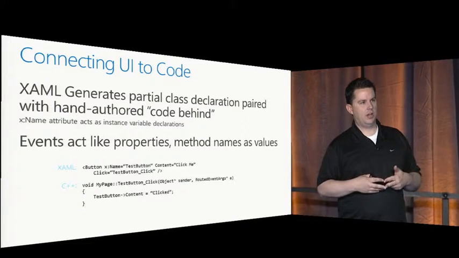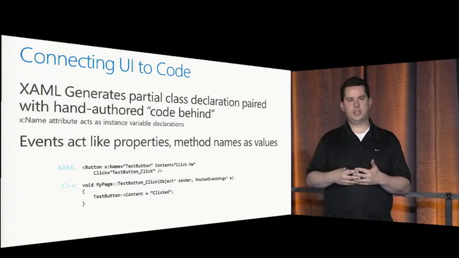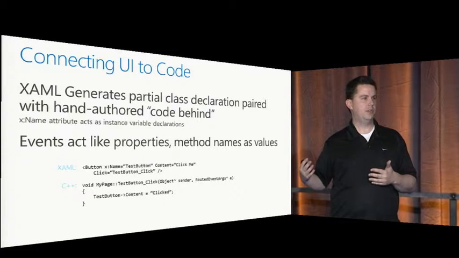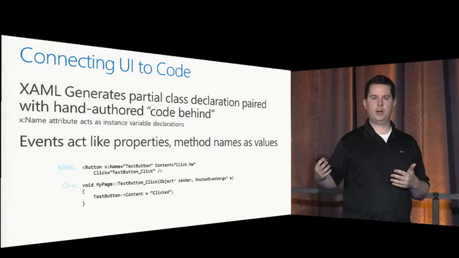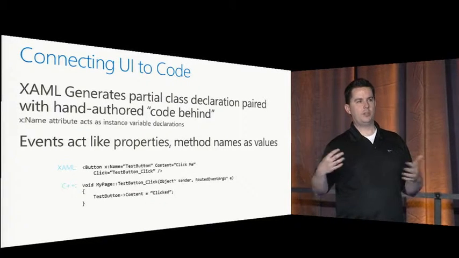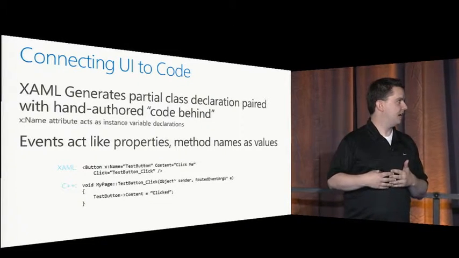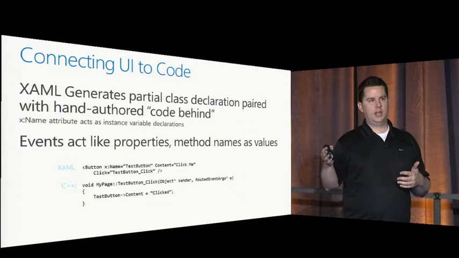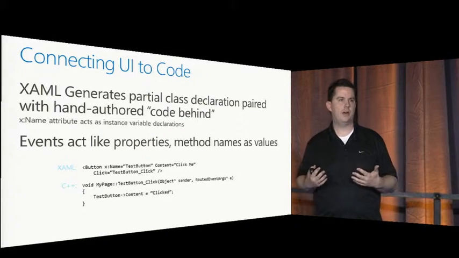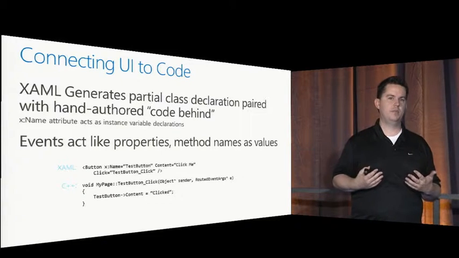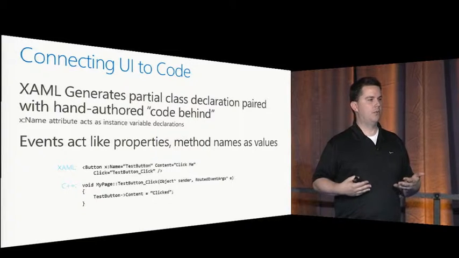And the class is now, we have a ref class called foo. What the markup compiler is actually doing is it has created a partial class of foo and added generated code to basically wire up finding that UI element. So you notice in the C++ code here, I just have test button and setting the content. So I'm not declaring test button anywhere in any header. How does it know? Where is it getting that information from? And that's the benefit of the markup compiler. So we're doing some of that work for you.